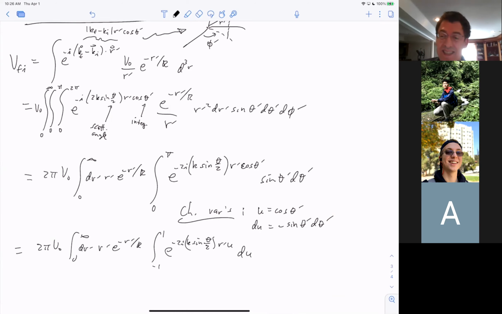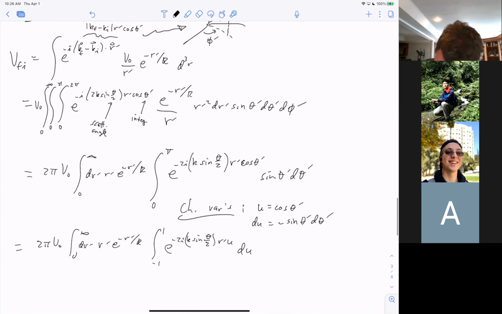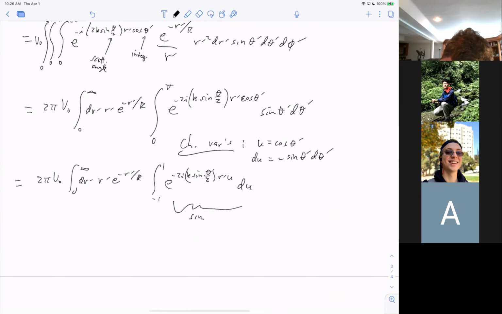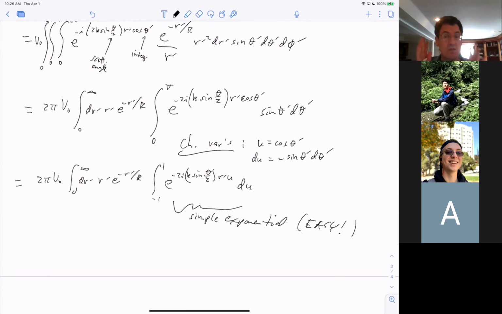And that's actually an easy integral. It's a lot of steps, but that's just a simple exponential, so you can do that integral easily. So we've reduced this really hard integral to a very easy integral. And this is also an exponential integral, so that one's easy too.